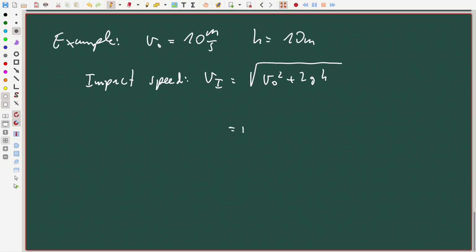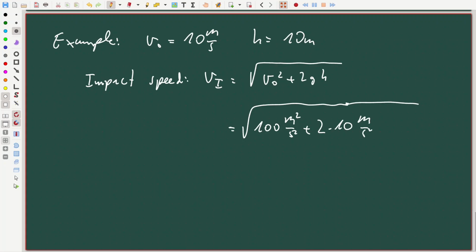So this results in the square root of v0 squared, which is 100 meter squared per second squared, plus 2 times 10 meter per square second times the height of 10 meter. This gives a value of 200, and this gives a value of 100.